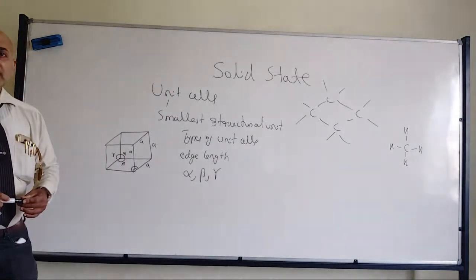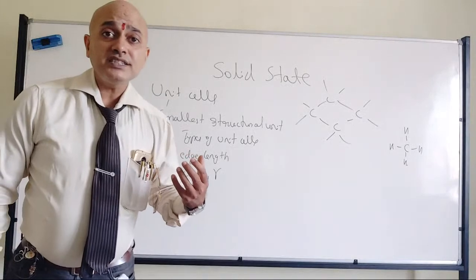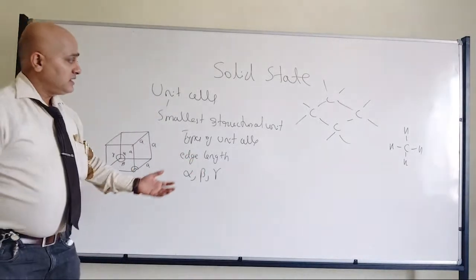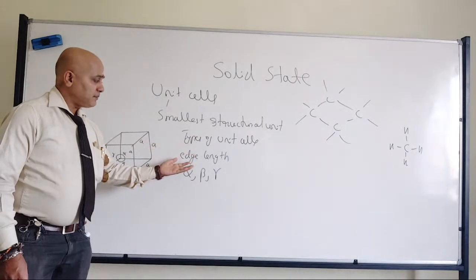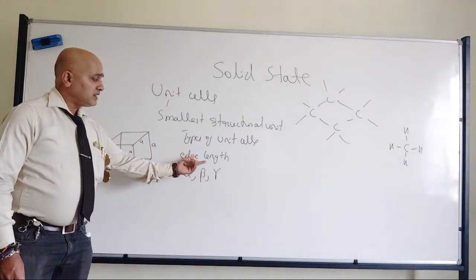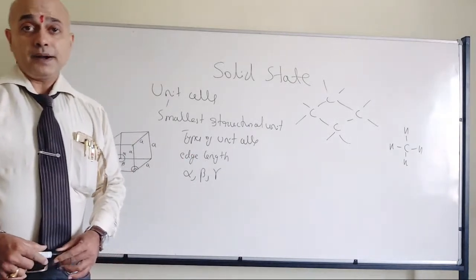The edge angle value decides the shape of the unit cell. So the types of unit cells are decided by edge length and alpha, beta, gamma.